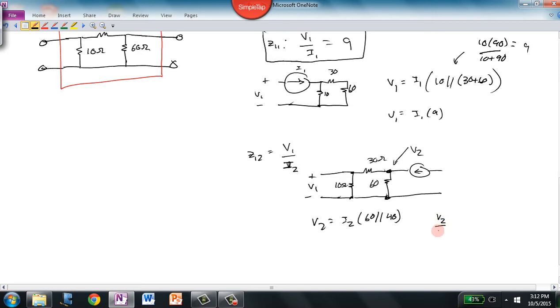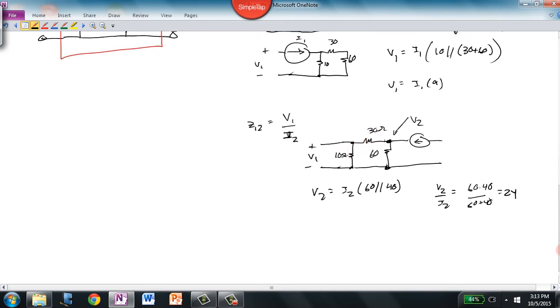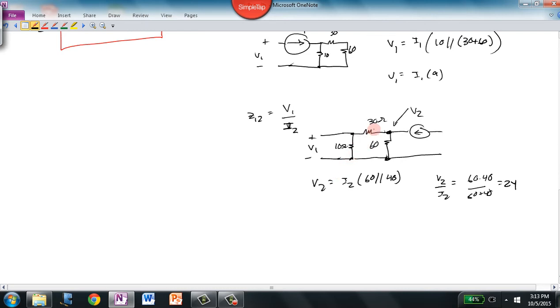I get V2 over I2 is equal to 60 times 40 over 60 plus 40, is equal to 24. So that's the voltage right here. To determine the voltage here, I've got a voltage divider set up between the 30 and the 10 ohms there. So I can say V1 is equal to 10 times V2 over 30 plus 10.